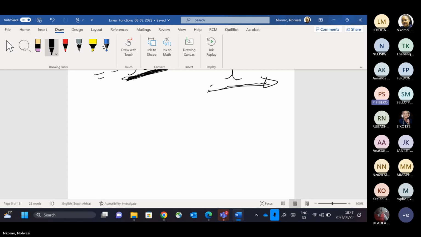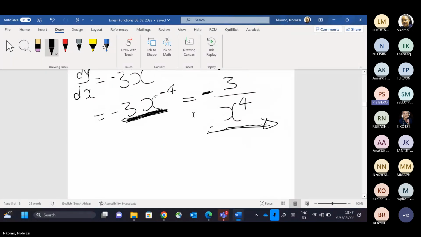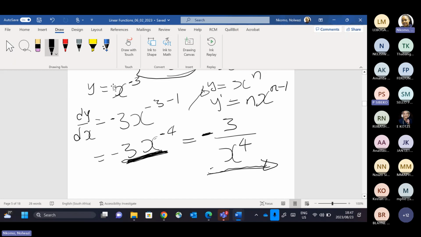Oh, yes, Mr. Waz. If I were to leave my answer as 1 over 3, if I were to leave the answer here as 1/3 of x to the power 4, with x to the power 4 as the denominator, would that be wrong?